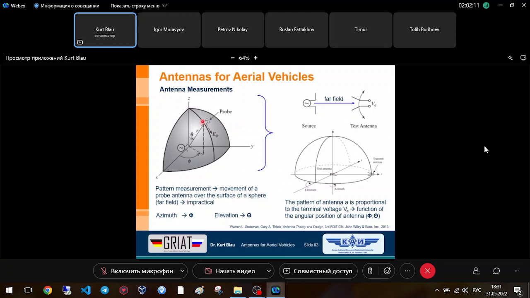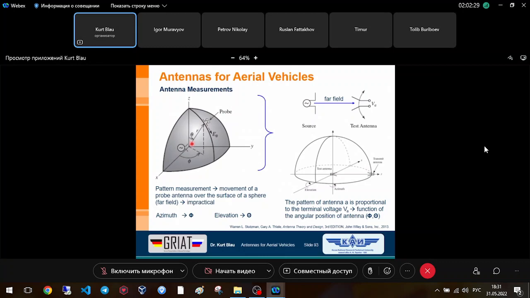So you can imagine you have an antenna with very large dimensions, and now we have to measure this antenna in all angles over the surface of a sphere.